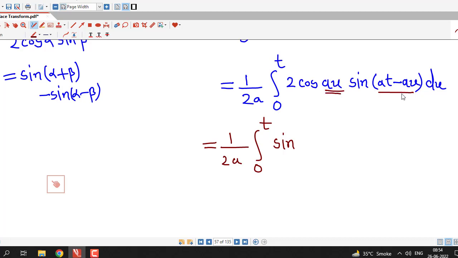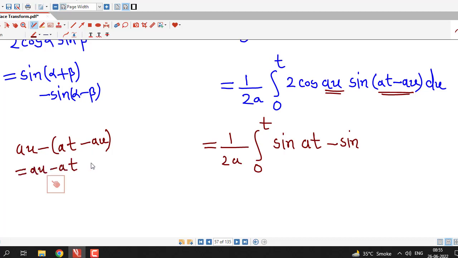So if we add these two, we can see a into u will cancel out and we are left with sine at minus sine of subtraction of these two angles, that is a into u minus at minus au. This is equal to a into u minus at plus a into u, that is a into u plus a into u is 2 into au minus at. So that I write directly here, 2 times a into u minus at.